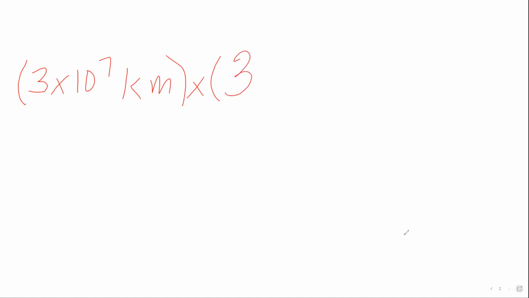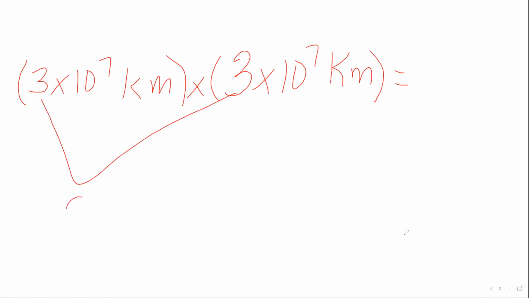Here's another one. We got, and I'm going to put them in parentheses, 3 times 10 to the 7th kilometers times 3 times 10 to the 7th. And the answer to this one is, remember we multiply these two, so that gives you 9, right?